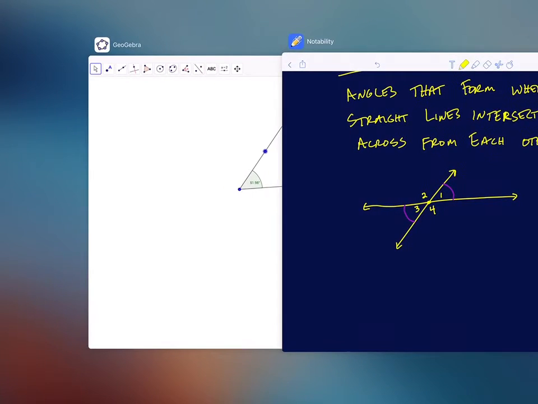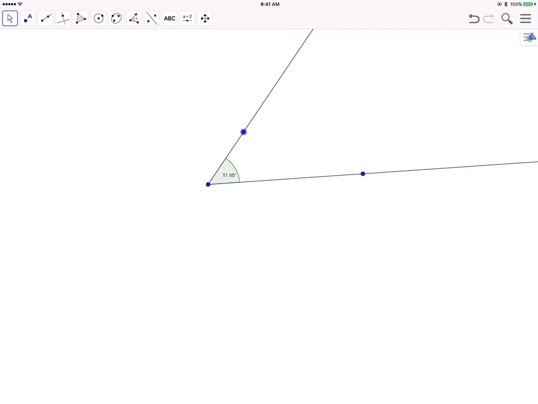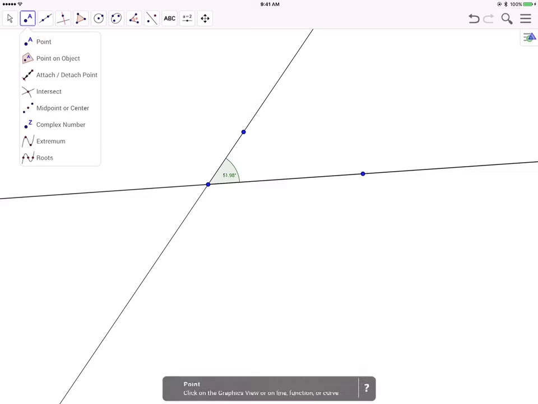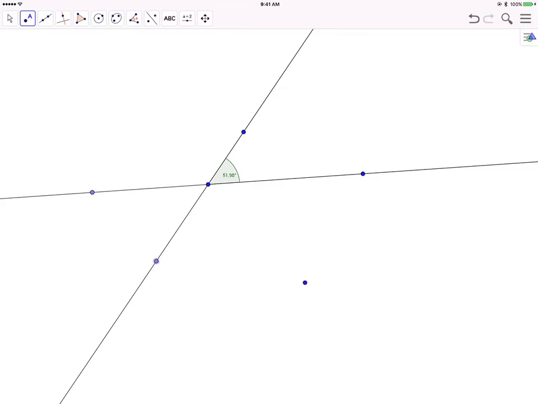So let's look at this situation. When two lines intersect, I'm going to make these into lines. There we go. Put some points on here. And I'll show you another angle that's vertical to that green one. It's a little bit smaller of a marking. Let me see if I can change that.